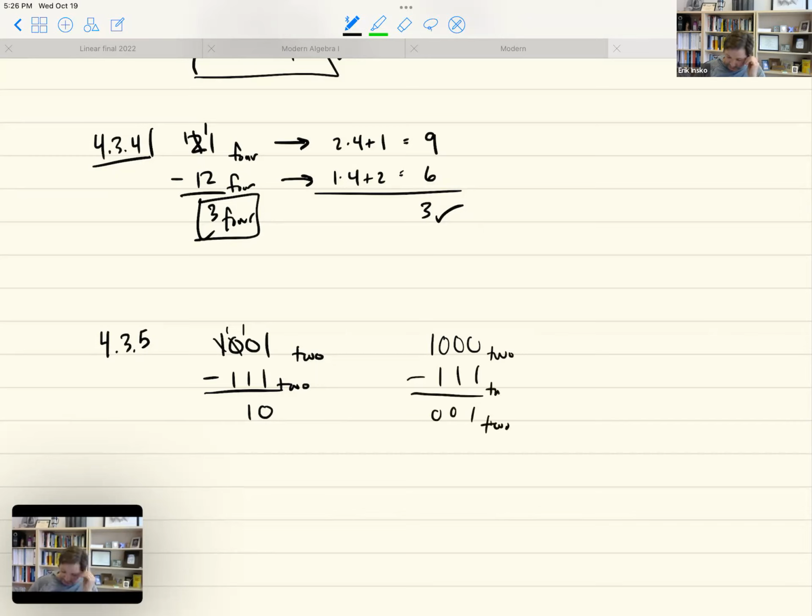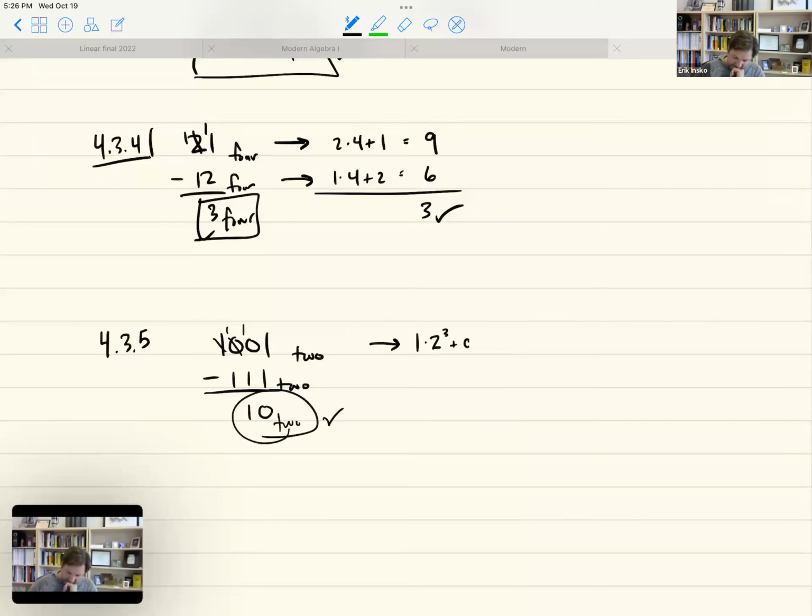This is 1 times 2 cubed plus 0 times 2 squared plus 0 times 2 plus 1 times 1, which is what? 8 plus 1 is 9.